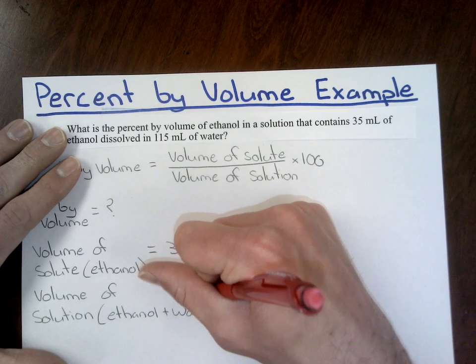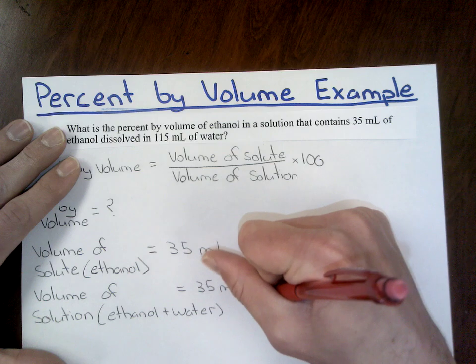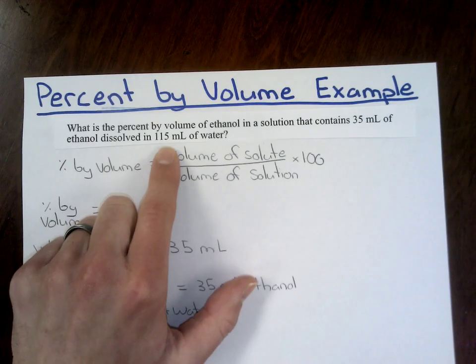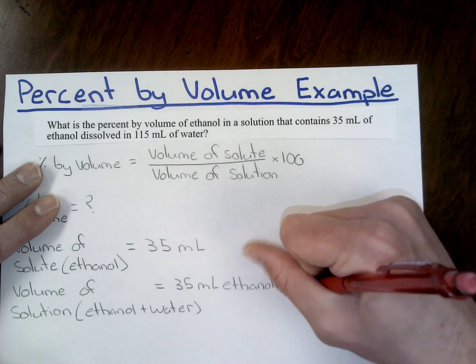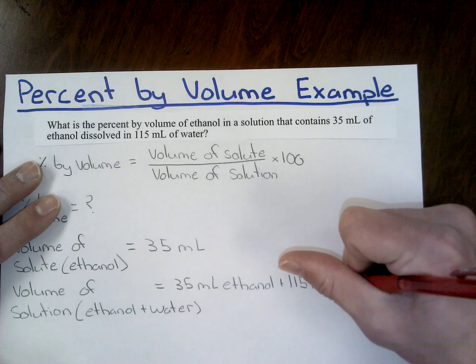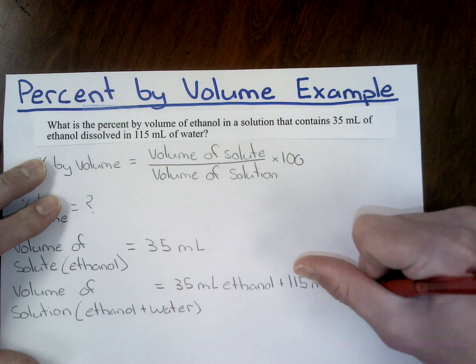So we have 35 milliliters of ethanol plus our 115 milliliters of water. So plus 115 mils of water. And I'm going to abbreviate that as H2O.